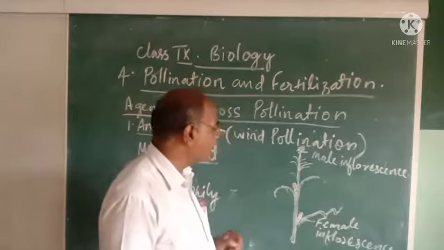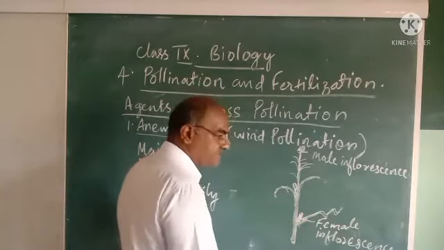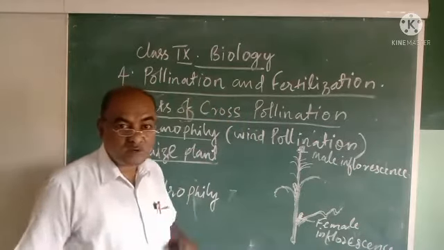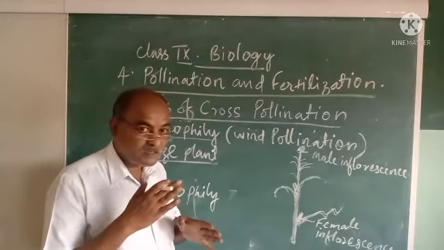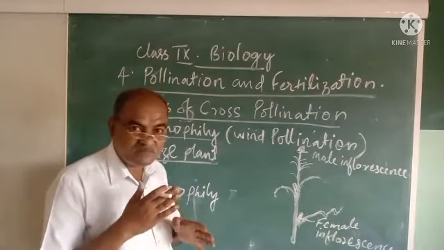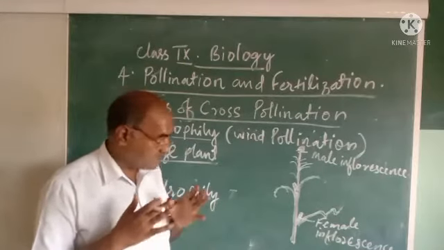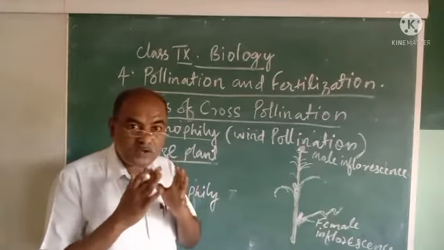In the case of maize, at the axil of the leaf the female inflorescence will be formed. That is the differentiation here. Understand? The male flower is separate, the female flower is separate. They are also formed in the form of inflorescence, that is, a cluster or group of flowers joined together.